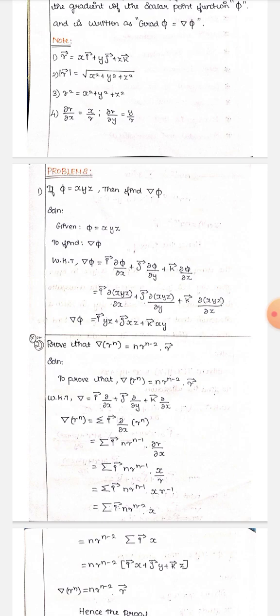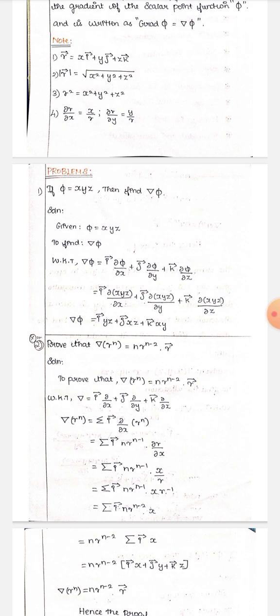So del phi is equal to i vector into dou phi by dou x plus j vector into dou phi by dou y plus k vector into dou phi by dou z. Substituting phi is equal to xyz, it is i vector of dou of xyz by dou x plus j vector of dou of xyz by dou y plus k vector of dou of xyz by dou z.